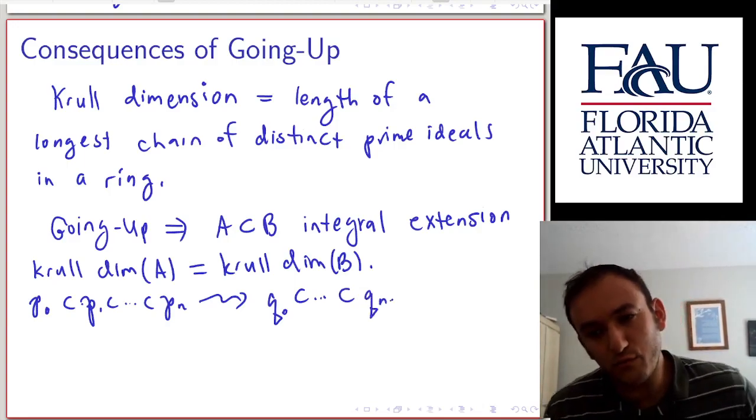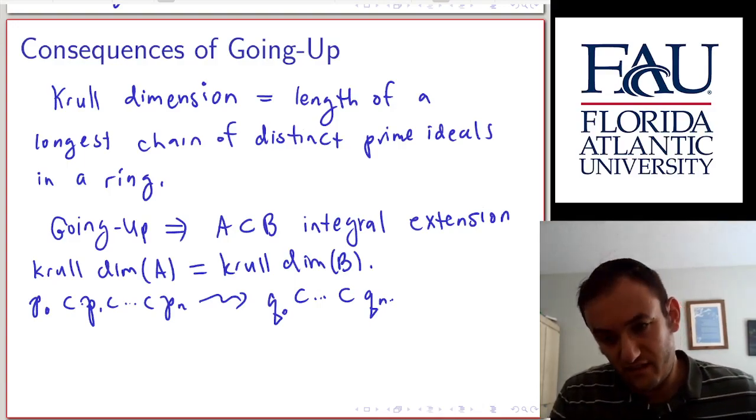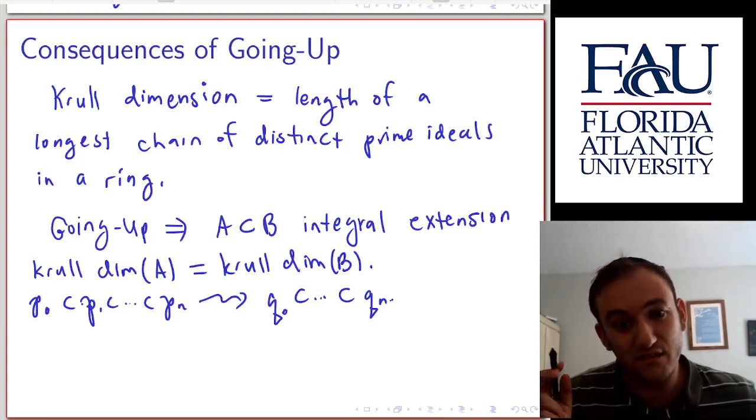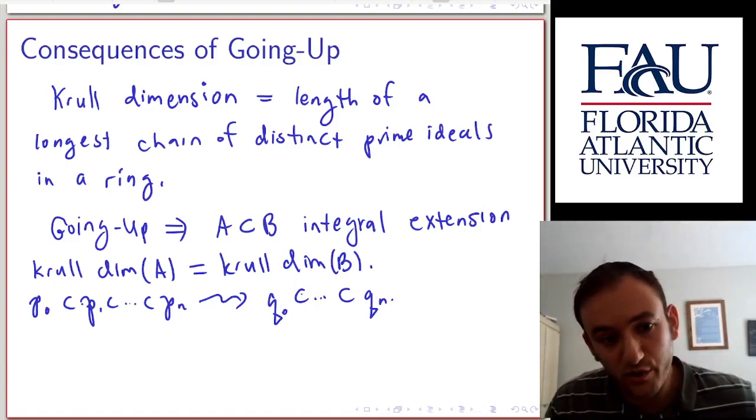So you might say, well, with the going up theorem, I have that the upper chain must be at least as long, but how do I know that it actually is as long? Maybe it could be longer, you might say.